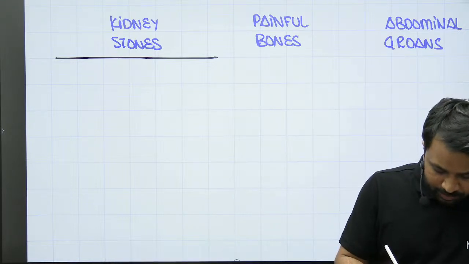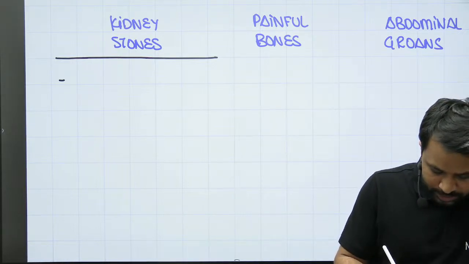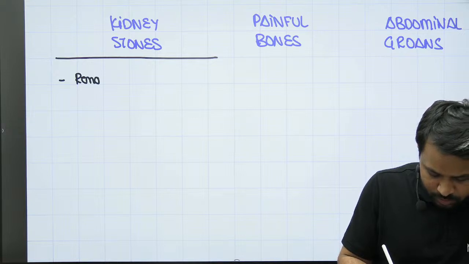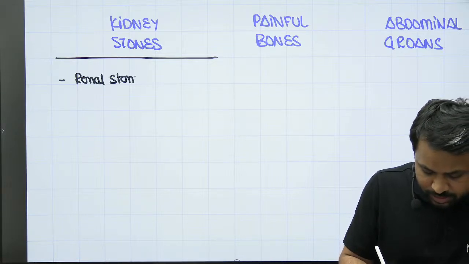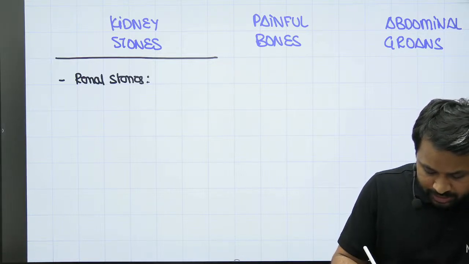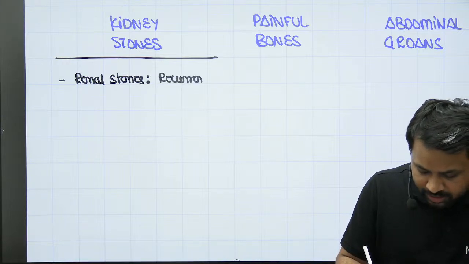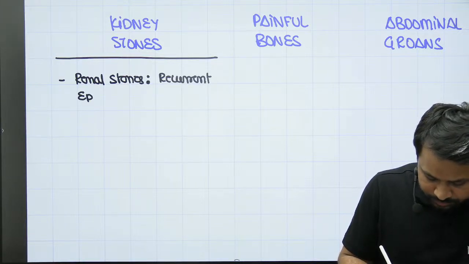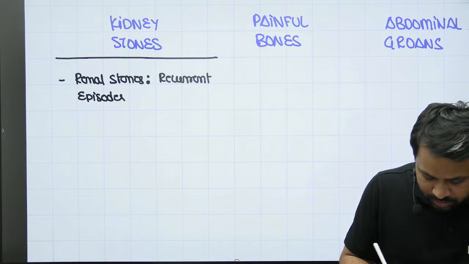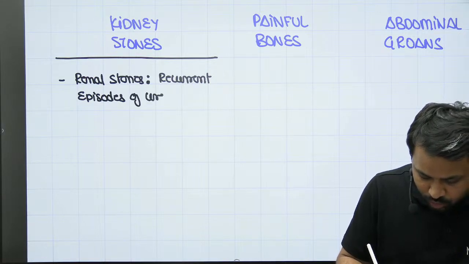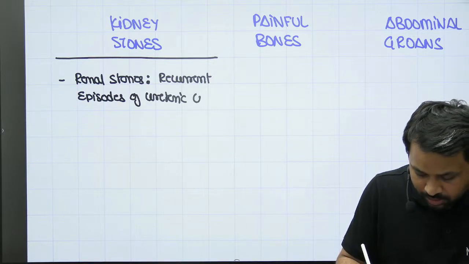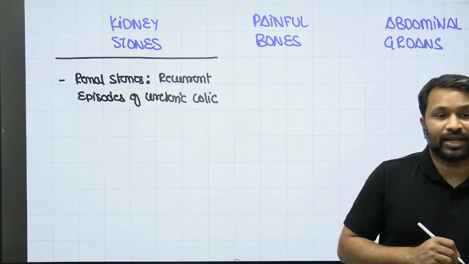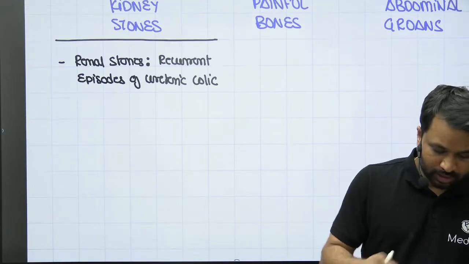Because of that, the patient will present with development of renal stones. These renal stones will present with recurrent episodes of ureteric colic.